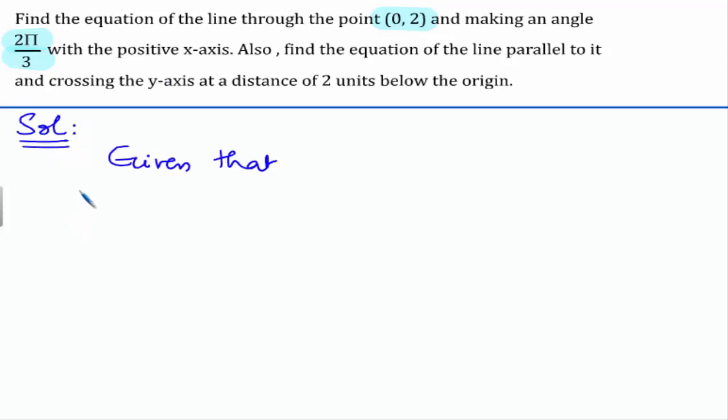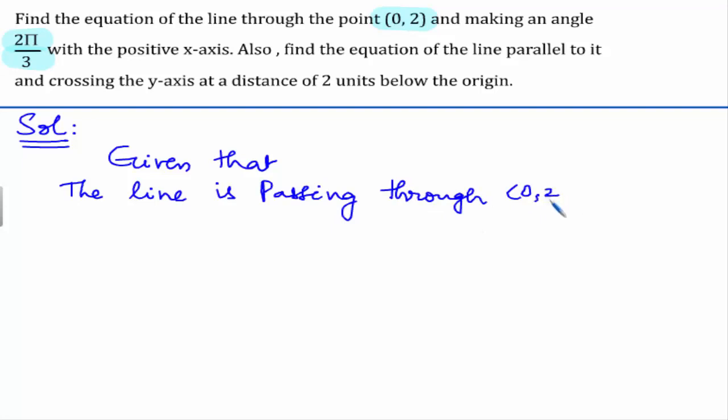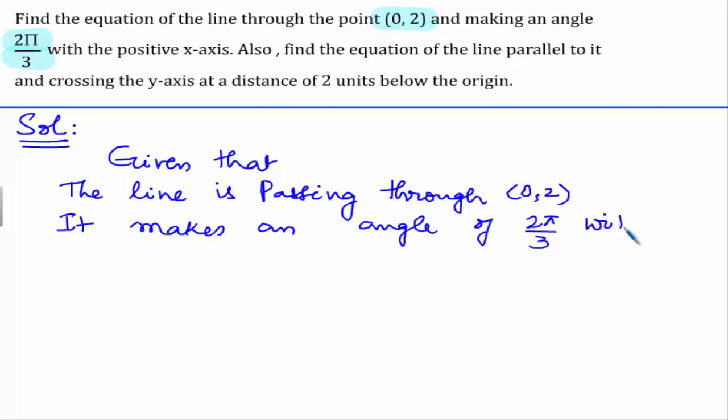It is given that the line is passing through (0, 2) and it makes an angle of 2 pi by 3 with the positive direction of the x-axis.